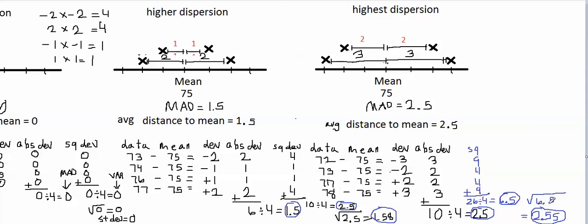Now let's think about why the standard deviation is more commonly used. In today's topic, we'll talk about how if a group of people follow a normal distribution, it's actually possible to predict how many people will fall between one standard deviation below the mean and one standard deviation above the mean.